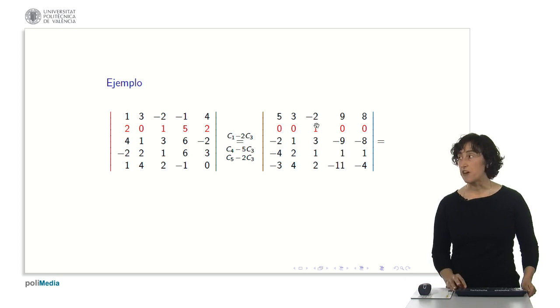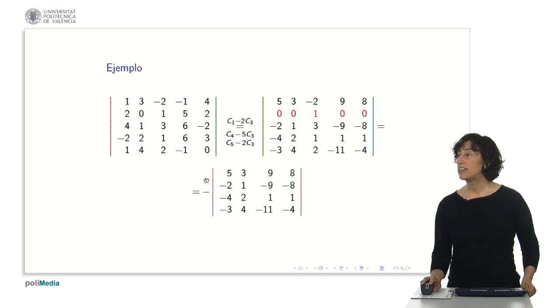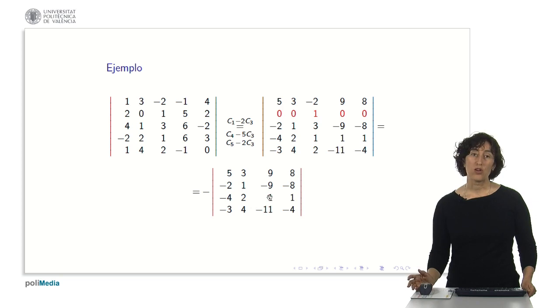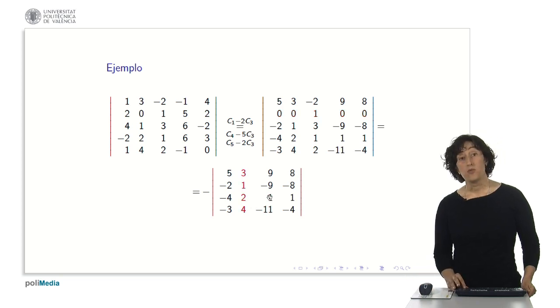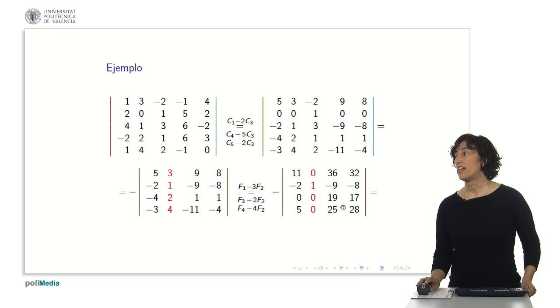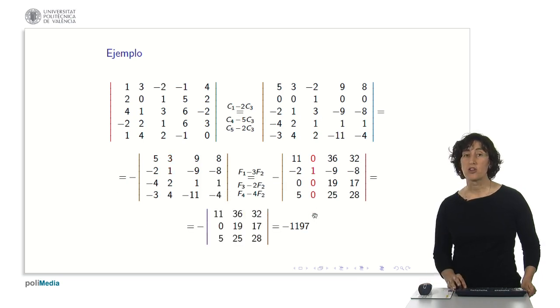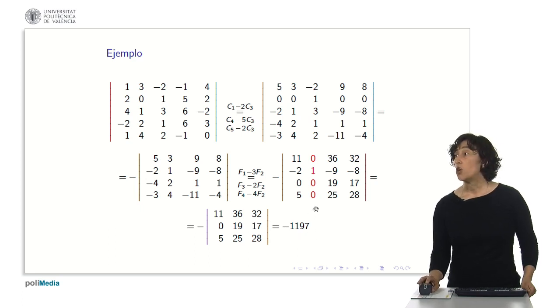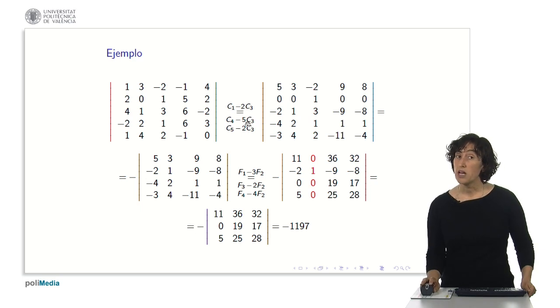And now I develop by the adjoints of that row, so I only have to calculate a determinant 4 times 4. We do the same, more operations, we choose a column, we do operations to make zeros, and I only have to calculate a determinant 3 times 3. That determinant of 3 times 3, I calculate it with the Sarrus rule, and it turns out that the determinant is worth minus 1197. As you can see, we can do operations both with columns and with rows.